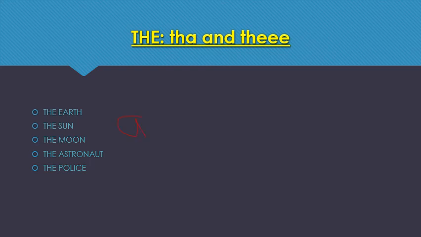With vowel sound, that is A, E, I, O, U, the pronunciation of the becomes "thee." And with consonant sound, sun, moon, police, the pronunciation of the word the is "thuh." Vowel sound, thee. Consonant sound, thuh.